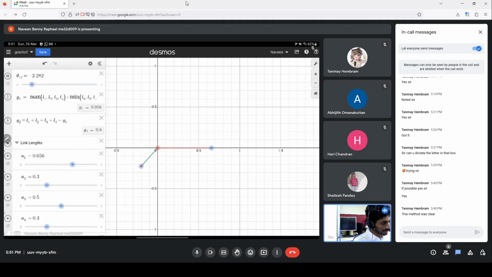But in this case, what would actually happen is this will be a double rocker, in the sense it will start here. Notice the green and the black links. The green will start here, go to this side, and go the other side. Both of these will continue rocking this way.